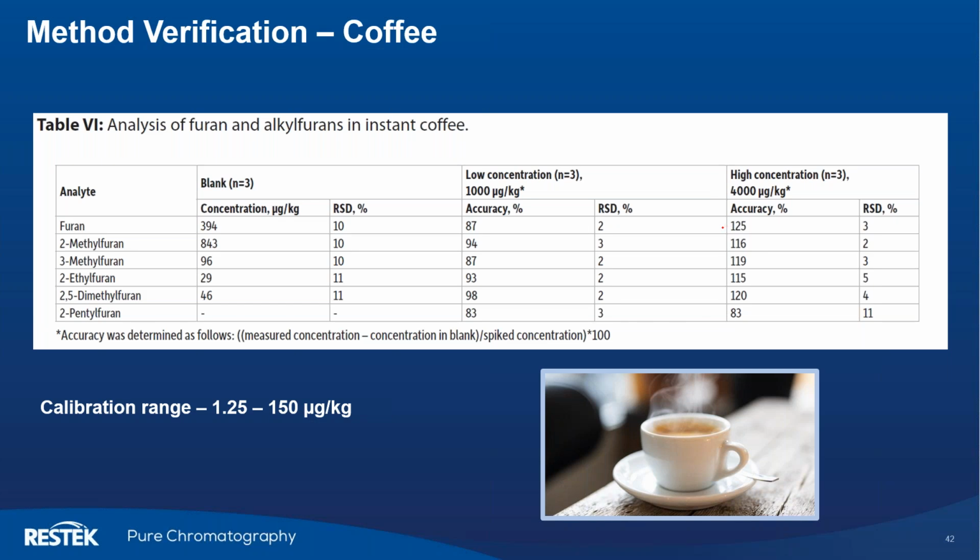And unfortunately, the high concentration spikes did fall a little bit out of spec, but these are still very close to our recovery needs and accuracy needs for this method. They also did show very good reproducibility, which leads us to believe that this method is very good for analyzing furans and alkyl furans in coffee.